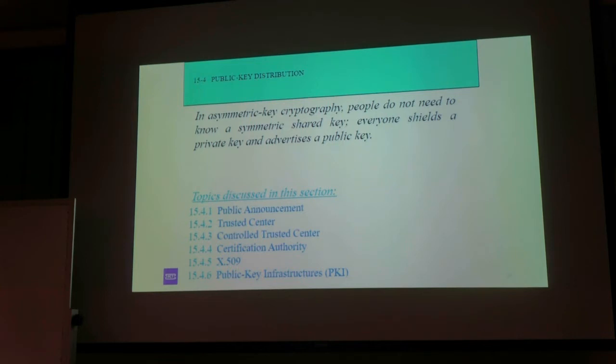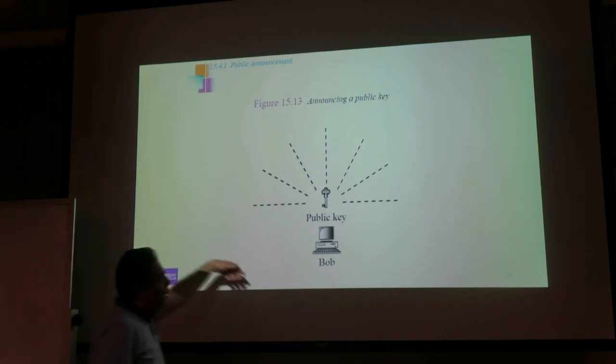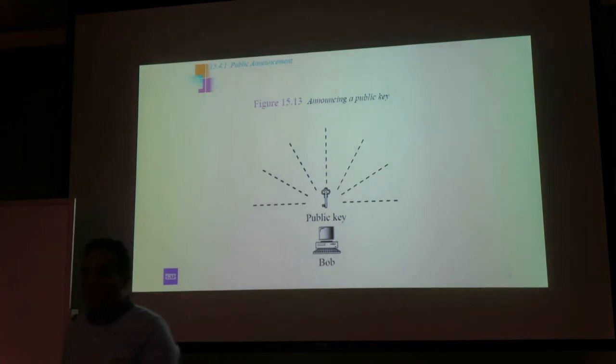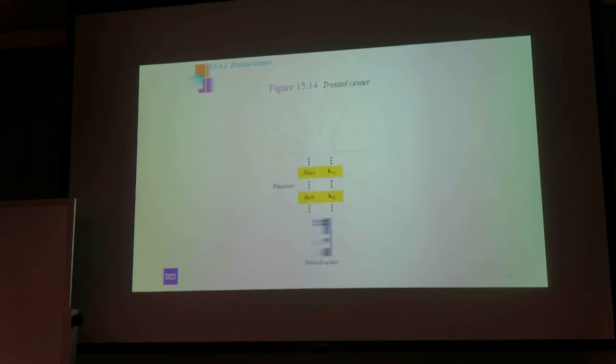Everyone shields the private key and advertises the public key. So Bob has a public key and advertises it to everyone. The only problem: what is the venue to advertise it? If I need to give my public key to all of you, how can I give it to you? I could email it to you, or put it on my web page, or anywhere.